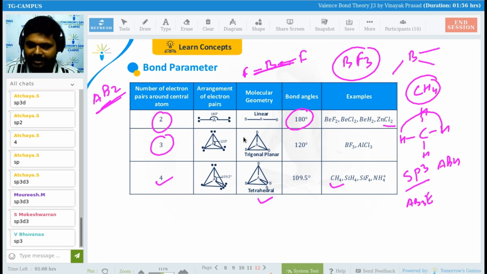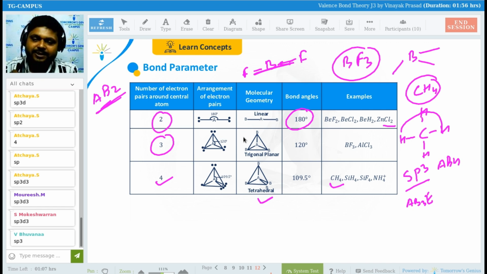Geometry is either linear, trigonal planar, trigonal bipyramidal, it can be square planar, square pyramidal, or octahedral. So these are geometries, but shape will be different. Let's suppose I am saying bent shape, or seesaw shape. So different types of shapes are also there in chemical bonding.